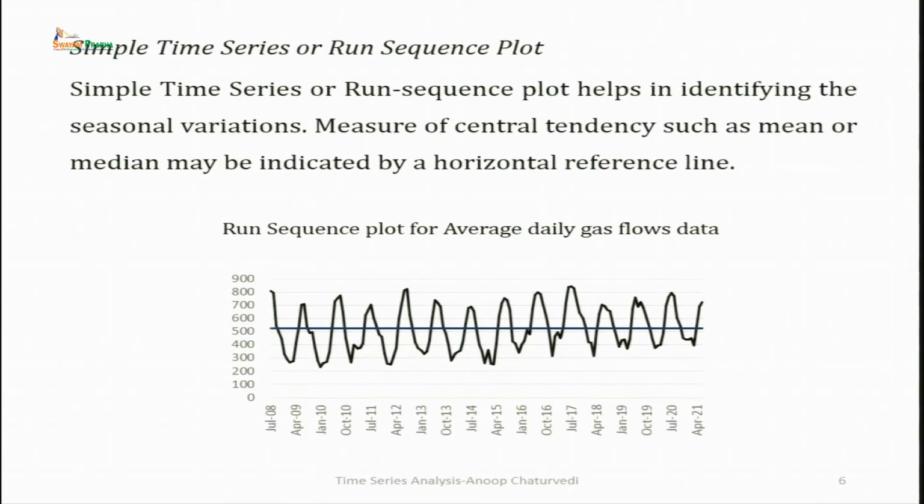I think I have already shown you this graph in one of the earlier lectures. In the middle we have a straight line which shows the mean, and around the mean you can observe a periodic pattern, and this periodic pattern is because of seasonal variations.